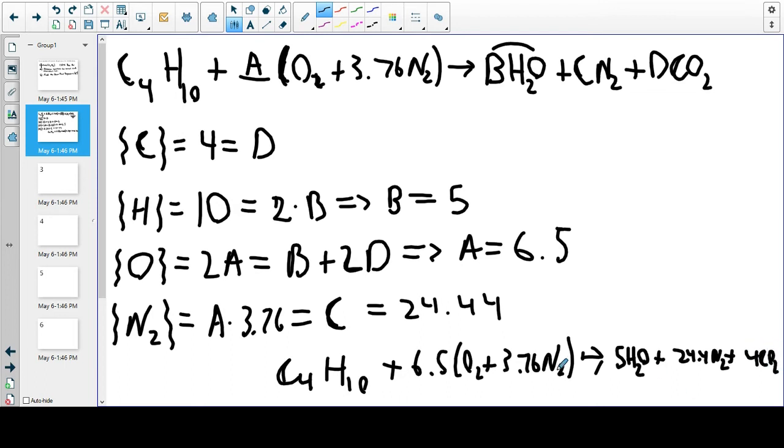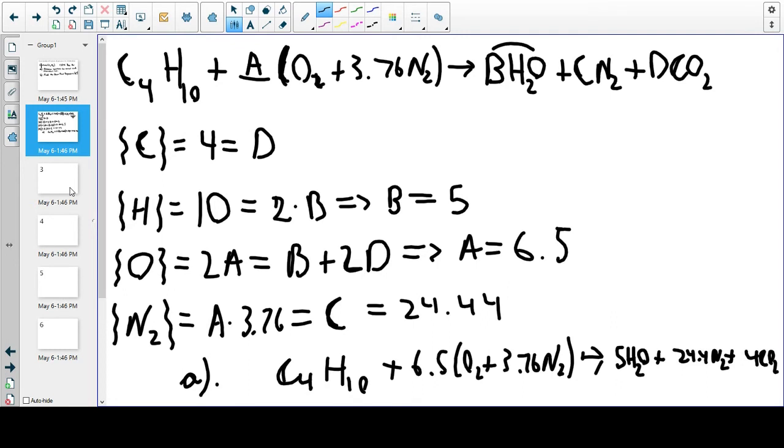So this is the first part of part A. You have balanced it for normal air. So we just found the normal air amount over here, and now we have to do the second part, which is balancing it for 150% theoretical air.